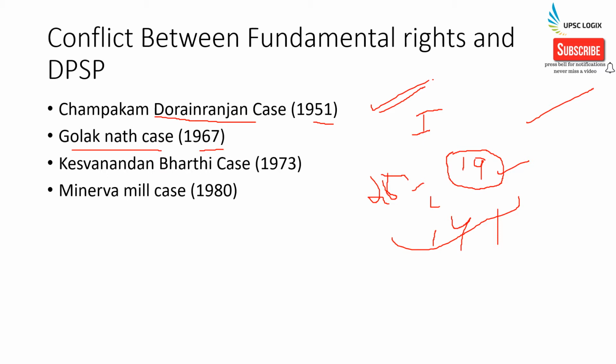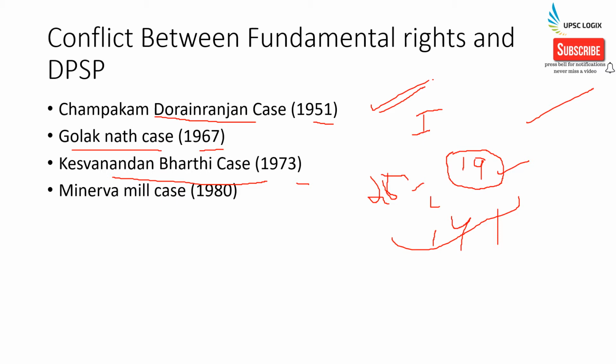And then came the Keshwanandan Bharti case of 1973. In this particular case, what the Supreme Court declared was that the second provision of Article 31C was unconstitutional and invalid on the grounds that judicial review is the basic feature of the Constitution and hence cannot be taken away.